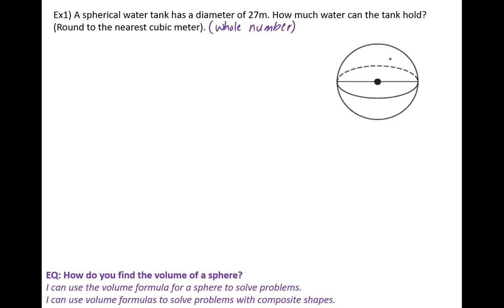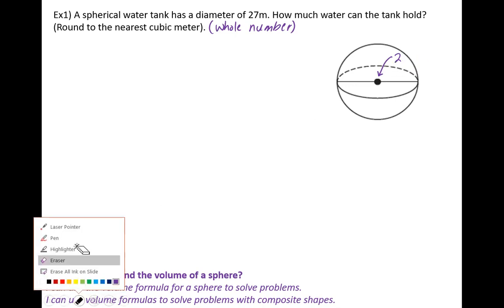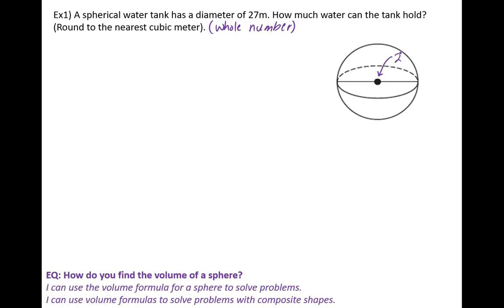They tell us the diameter is 27 meters, and that notation should look a little bit familiar to you. We talked about when you point to the center, that's our way of saying that it is the diameter. But of course, I'm going to need to know the radius. So my diameter is 27. The radius, you may recall, we take that 27 and divide it by 2.